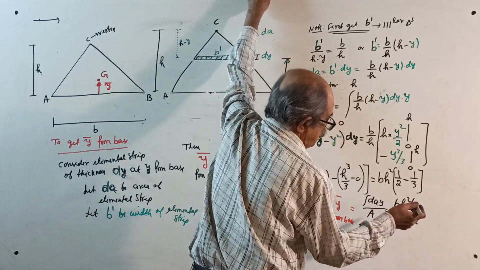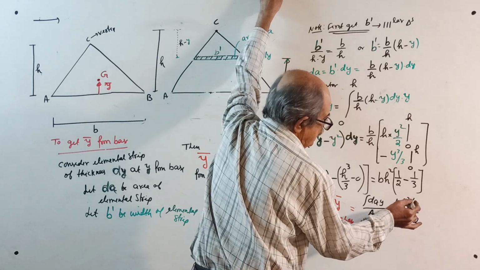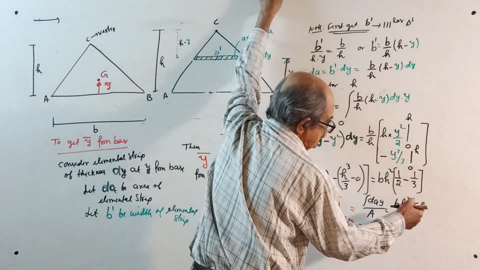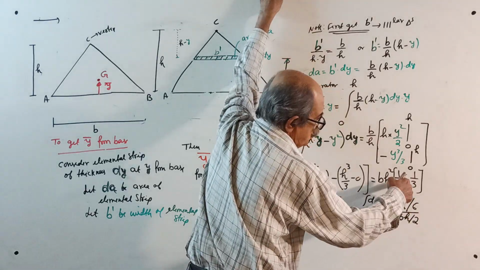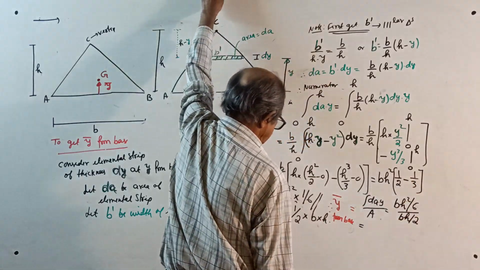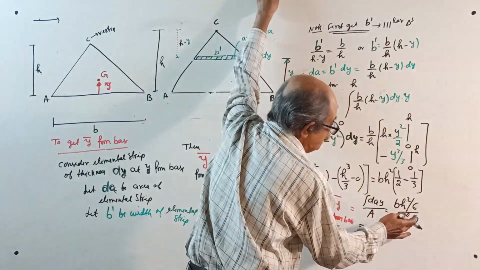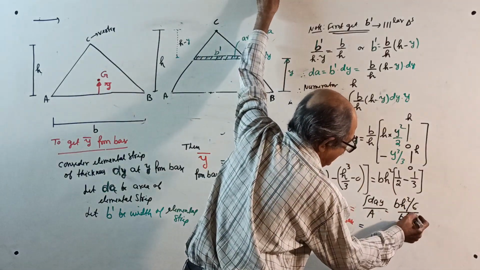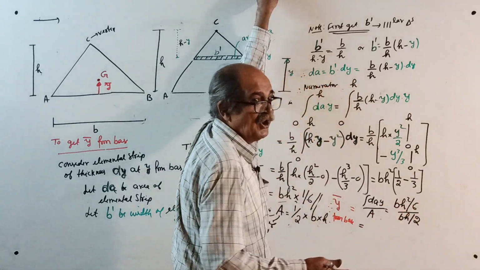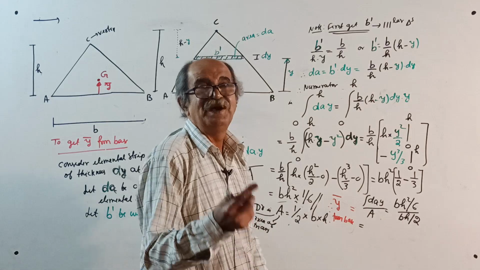So b cancels, h square by h is h, 6, 12 will go to something wrong. Yeah, not 12, it is 2. I was wondering how 12 came. Okay, 2. I got a shock of my life. Why? 12 by 6 becomes 2.